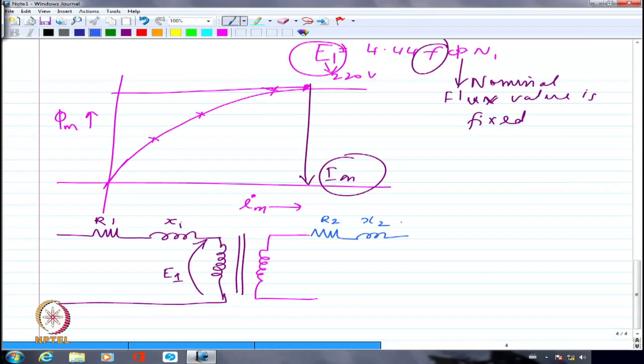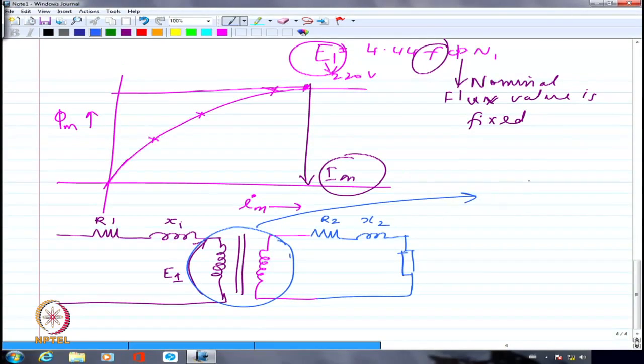That is X2, and then here is the load. Now this portion I am going to represent by what we drew as the equivalent circuit of our ferromagnetic core. Right? So I have to fix this portion in the middle.